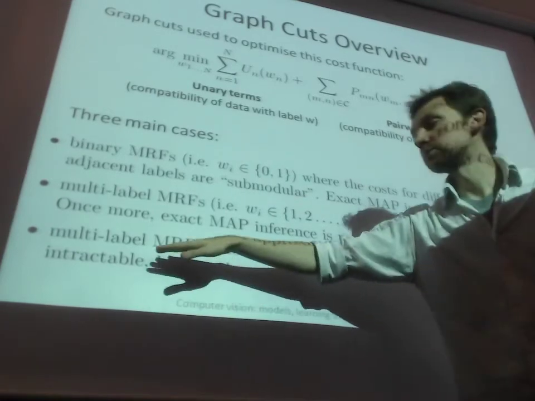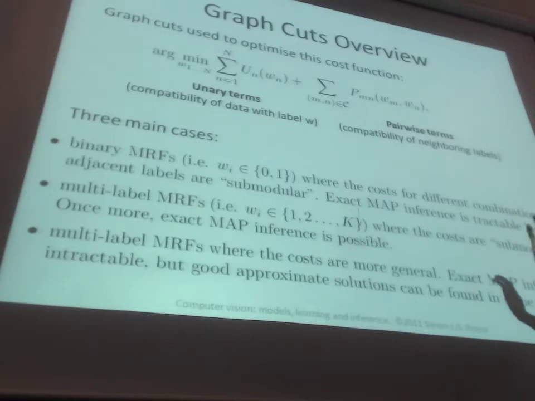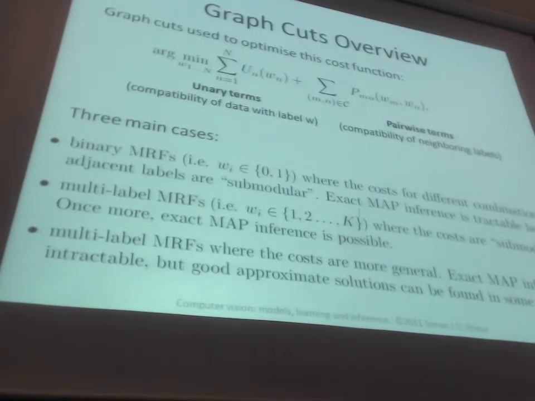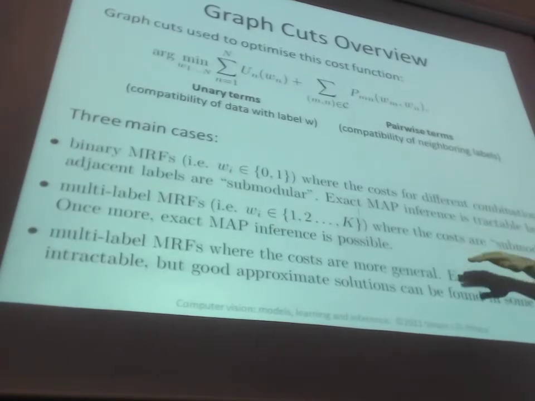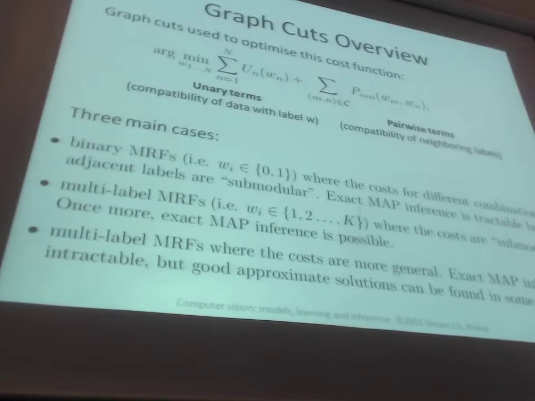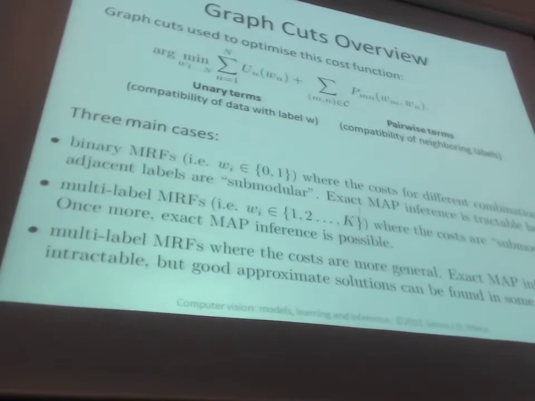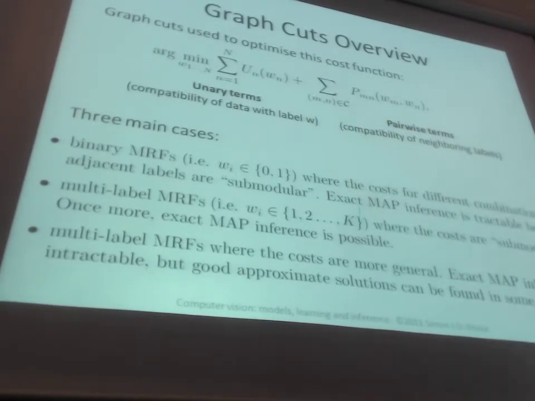There's a third case, the multi-label MRF where the costs are more general and not submodular. We'll talk about that later on Thursday. We will still be able to use graph cuts, but we won't be as convinced that we've arrived at the optimal solution as we are in the first 2 cases. So keep in mind, we're going to use graph cuts to solve our Markov random field problem.